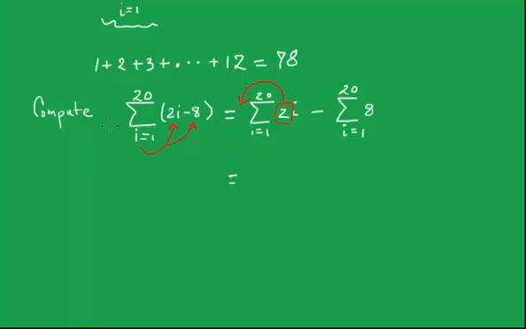So when we do that, we get 2 times sigma i equals 1 to 20 of i, minus, here we have i equals 1 to 20 of 8.